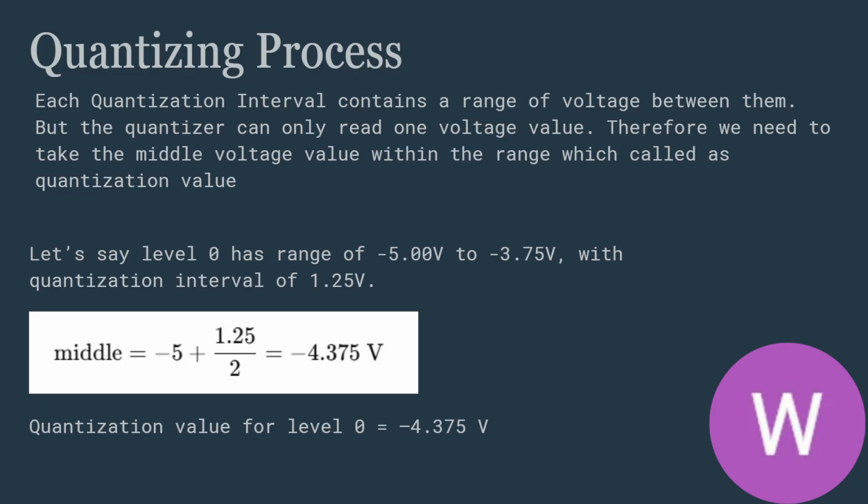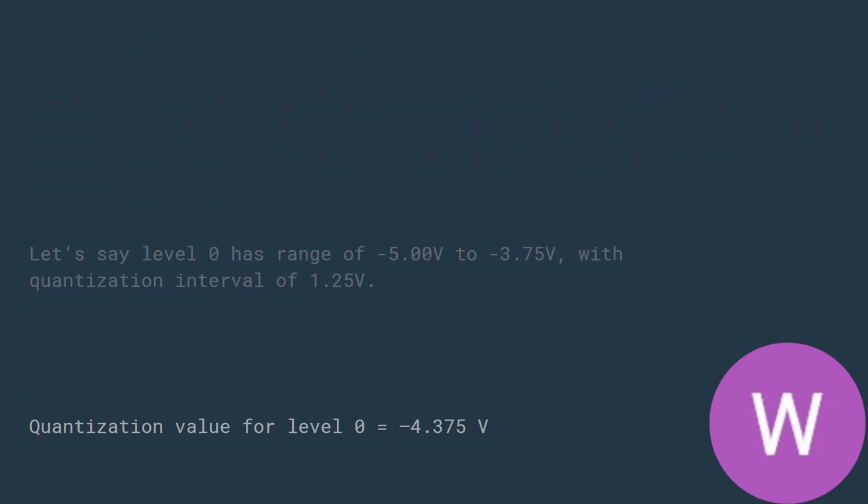If you take the upper limit, then you need to subtract the quantization interval divided by 2, and you will get the same answer. So for this example, the quantization value for level 0 is negative 4.375. As you can see, this value is within the range of negative 5 to negative 3.75 volt.